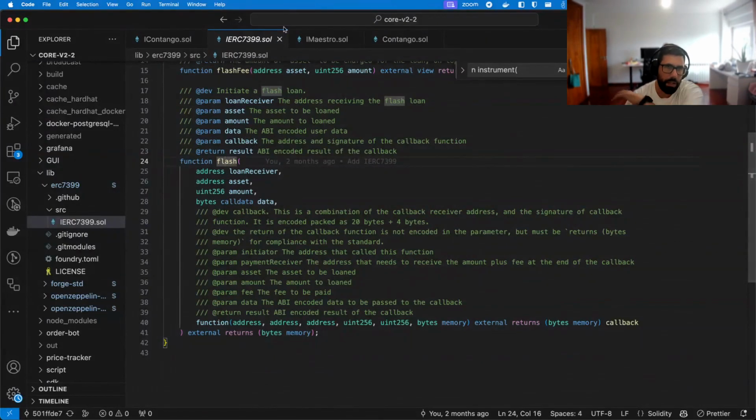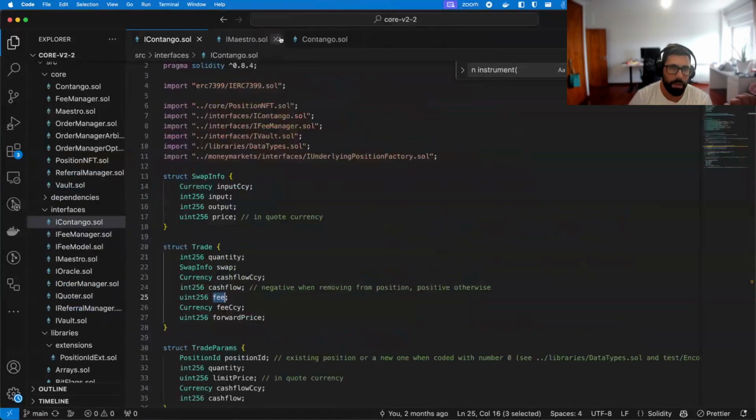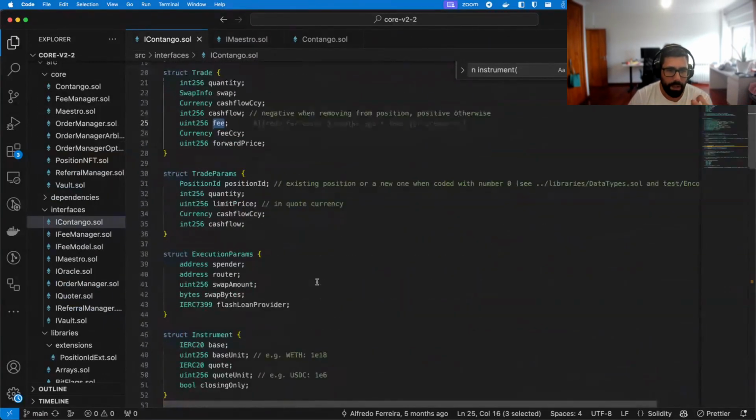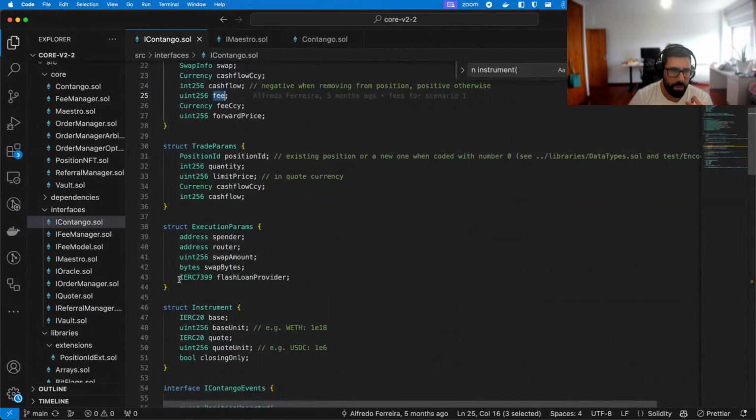So we abstract all that complexity. And if there are more flash loan providers in the future, we can go and use any of them. And more importantly, it's the responsibility of the caller to decide which flash loan provider they want to use. That means they can always aim for the cheapest, which is normally Balancer because it's free.